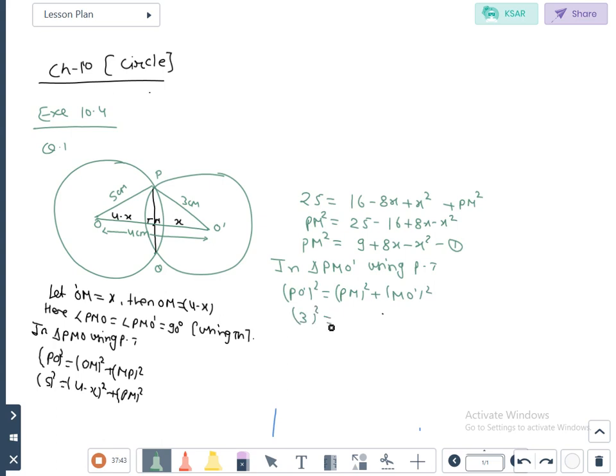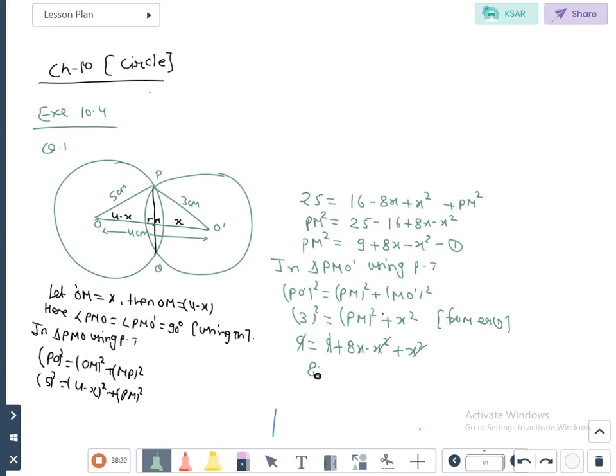So 3 square is equal to PM square plus MO dash square, that is x square. 3 square is 9. From equation first we substitute the value of PM square. The value is 9 plus 8x minus x square plus x square. Then how will we find the value of x? Square cancels.